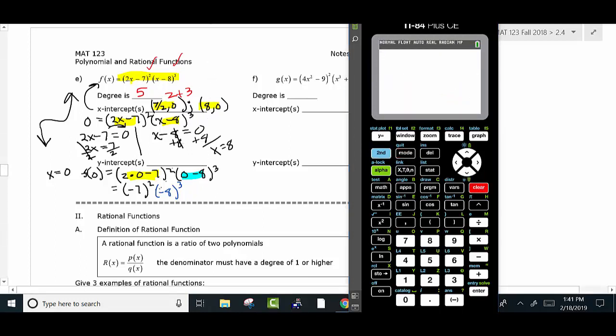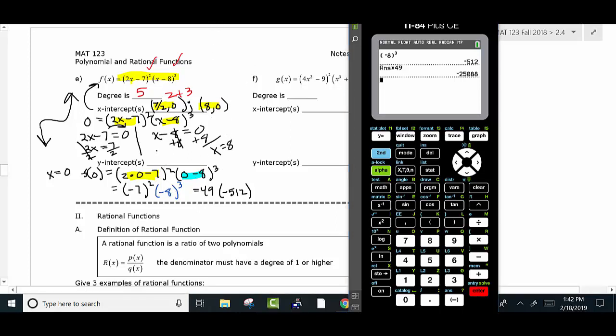So what I know is (-7) to the second is 49. And if I do parentheses -8 to the third power, that'll give me -512. So what I got to do is just take 49 times -512. That'll give me that y-intercept. Okay, so I'm going to take that number times 49. And that's going to be where this thing crosses the axis, way down at -25,088.